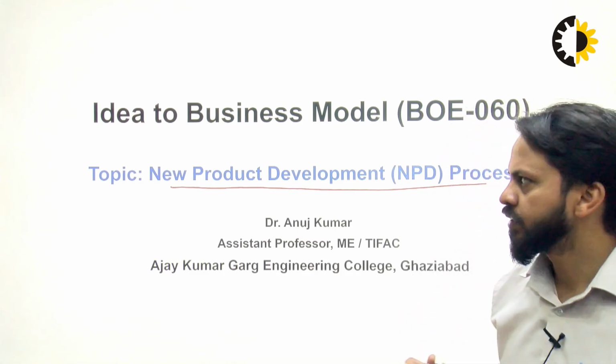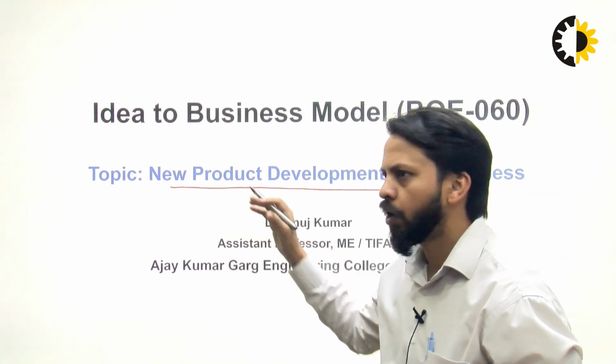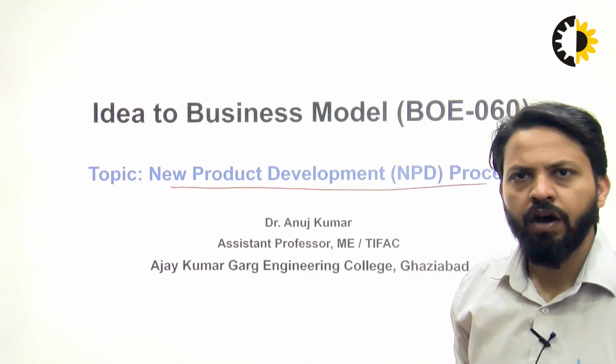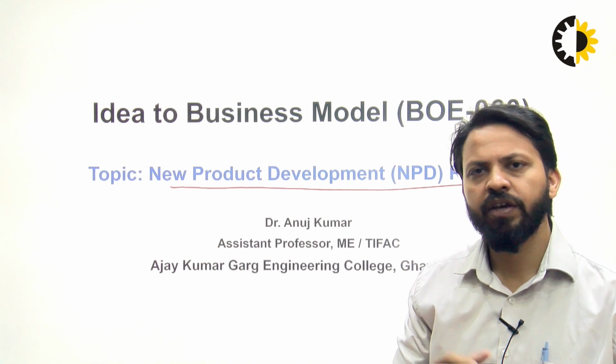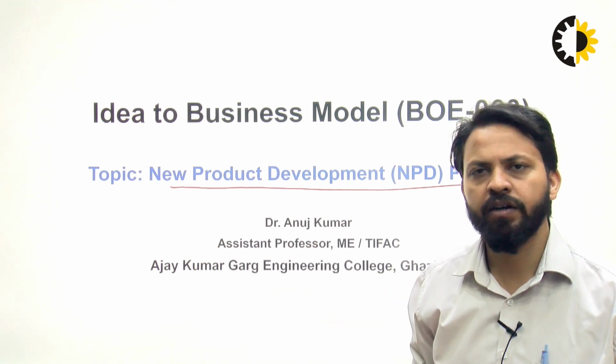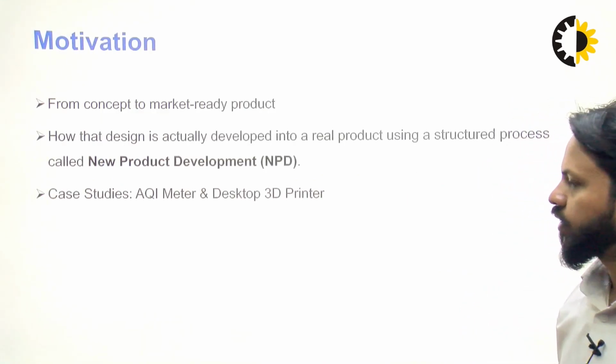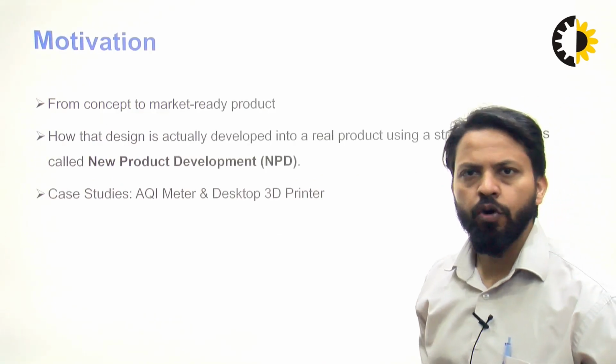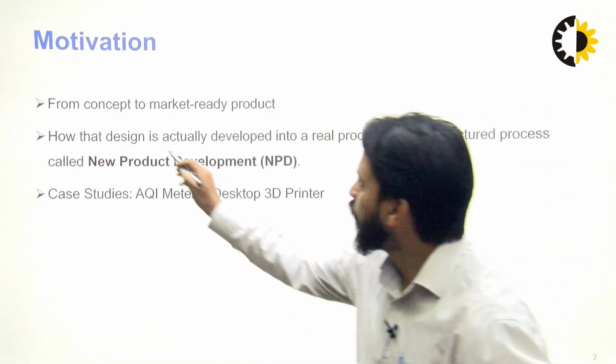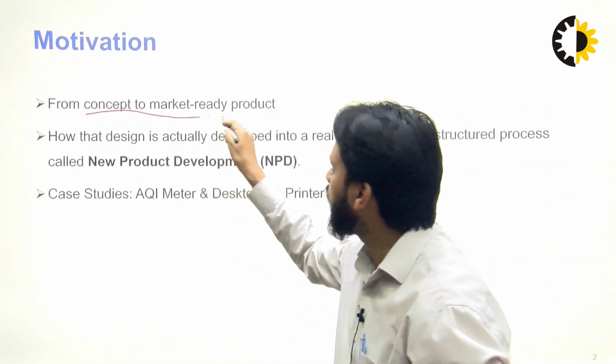Here we will see the overall product development cycle, how we start from an idea and end with production or the market startup. So in this lecture, the motivation behind new product development is from concept to market ready product.